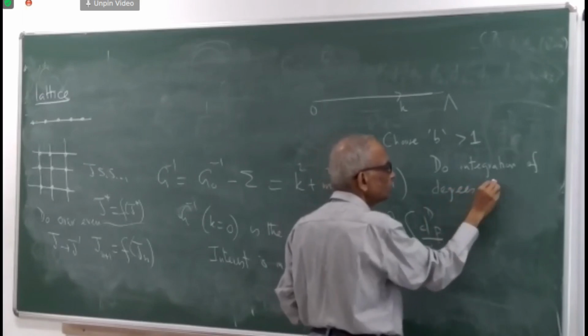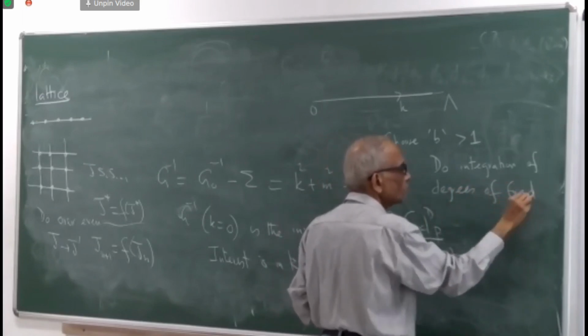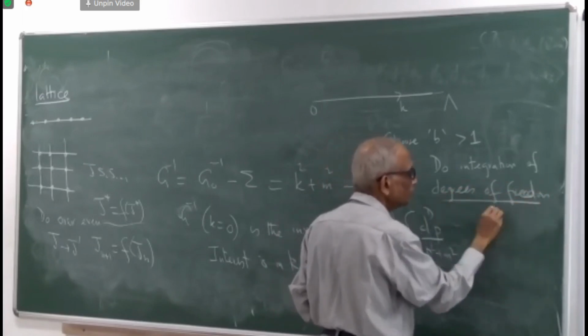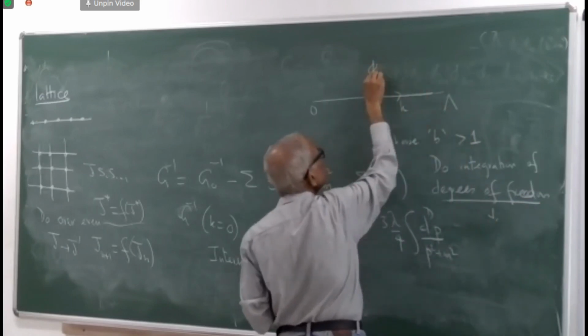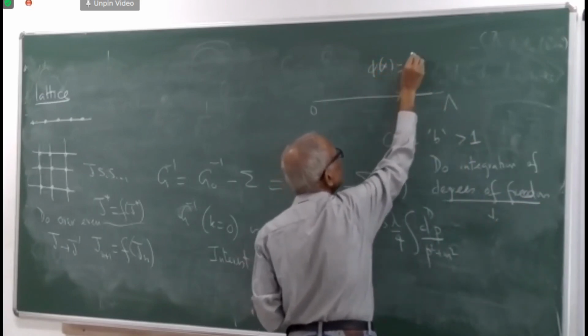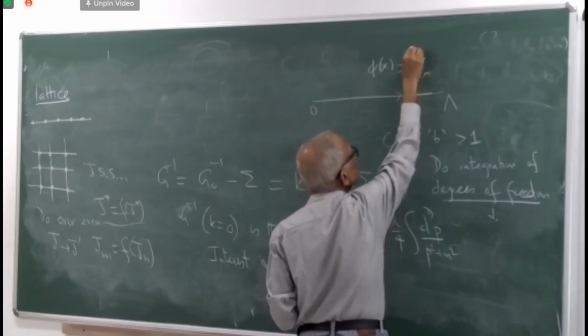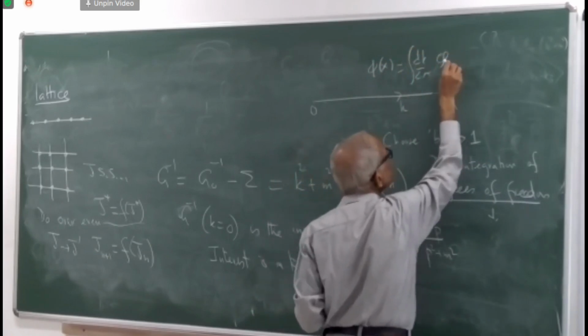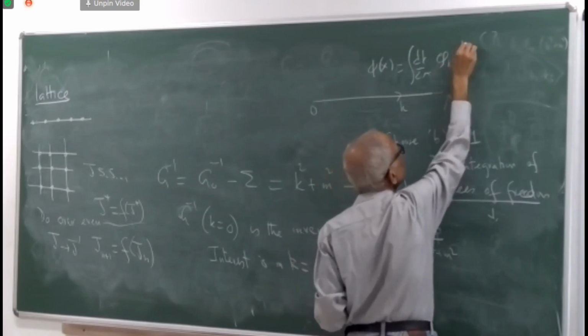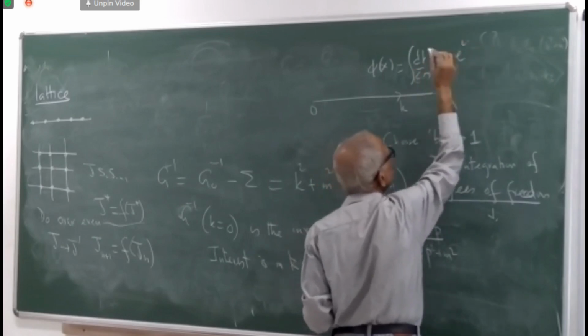Degrees of freedom means the Fourier modes. So you have a phi of x, which you write as the integral dk over 2 pi, let's say phi k, in a d-dimensional space, d^d k.